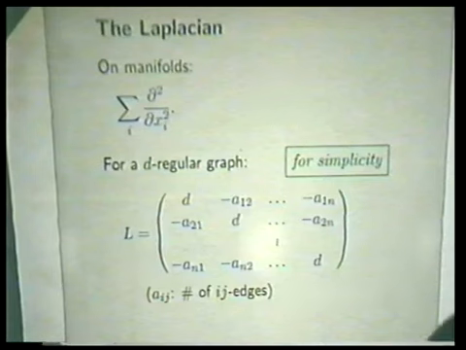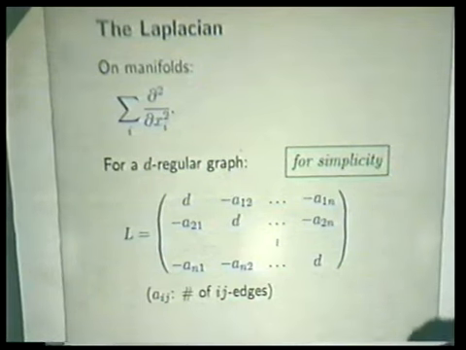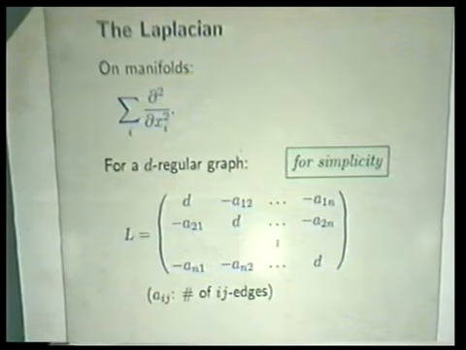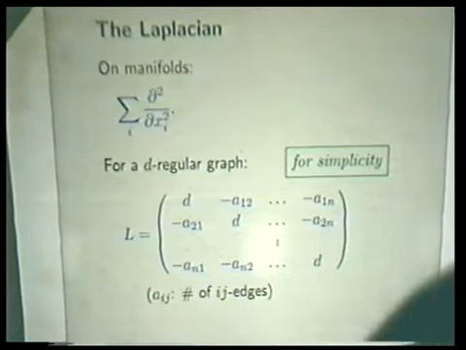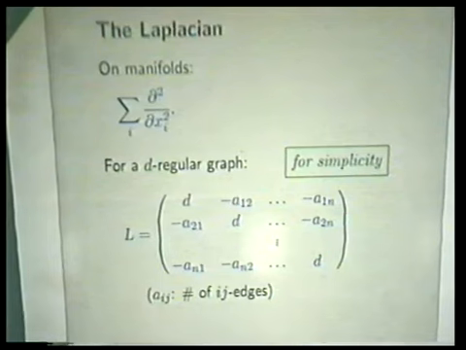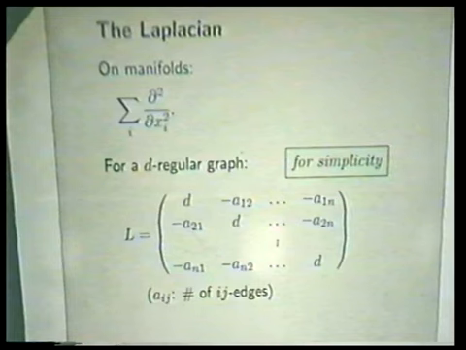You will get the middle point, say in the plane, 4 times minus the sum of the neighbors, and that's exactly what this thing does here.